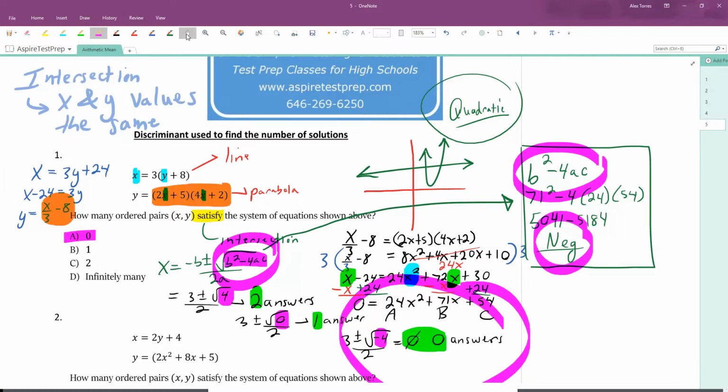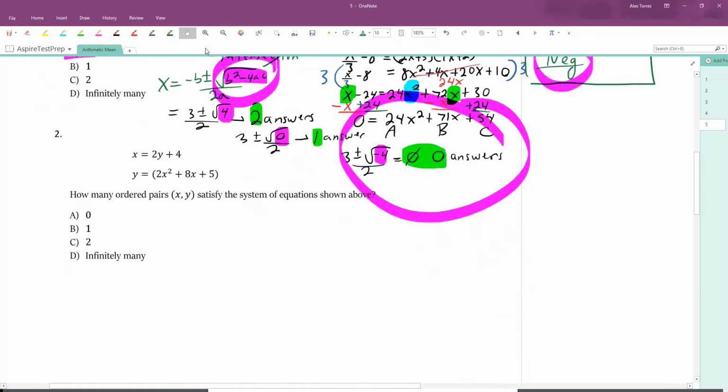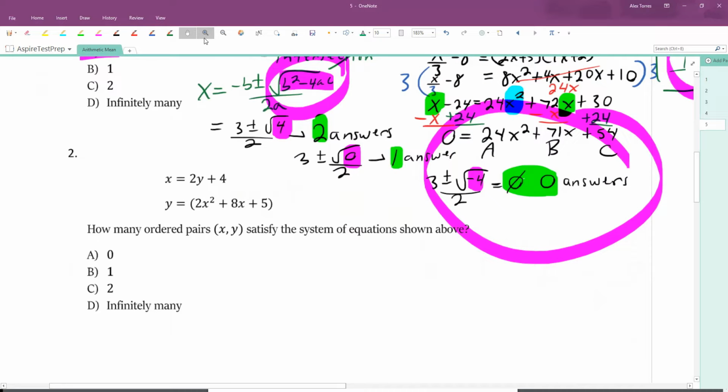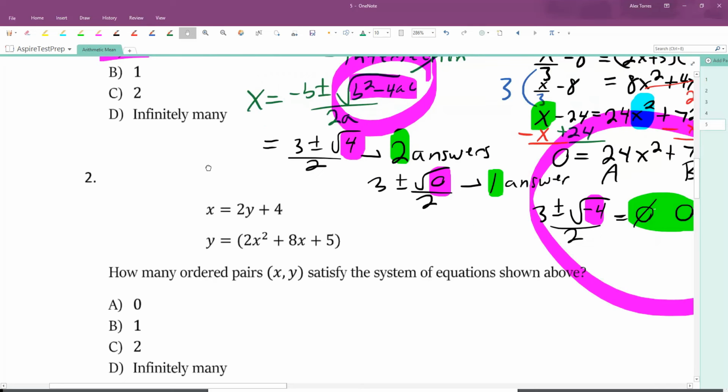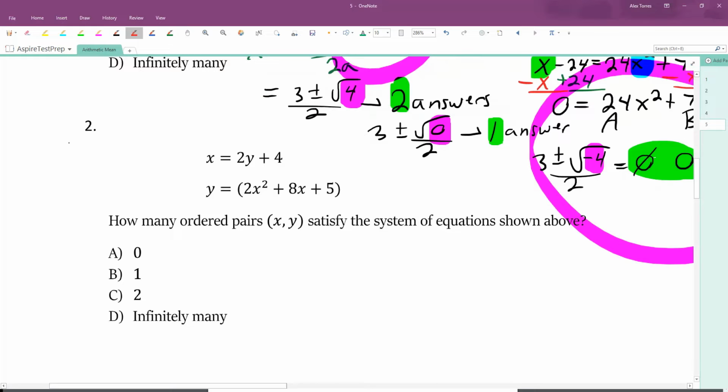Great. Now coming over to number 2, how many ordered pairs satisfy the system of equations above? Like I said, at the point where lines intersect, we have their x's and their y's equal. So if we can get both of them in the format of y equals something, then we can set those two things equal to one another.